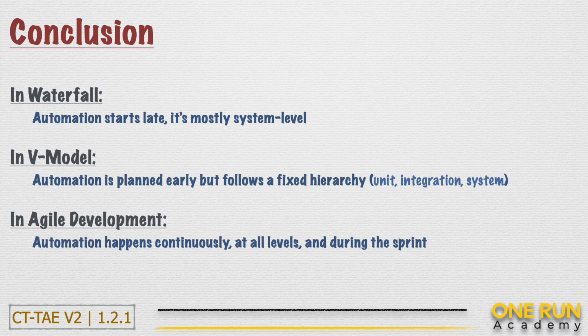Best Supporting Role goes to the V model for pairing every development step with a corresponding test activity and keeping automation classy. And the Best Action Film goes to Agile for its non-stop, high-speed automation that doesn't skip a beat.